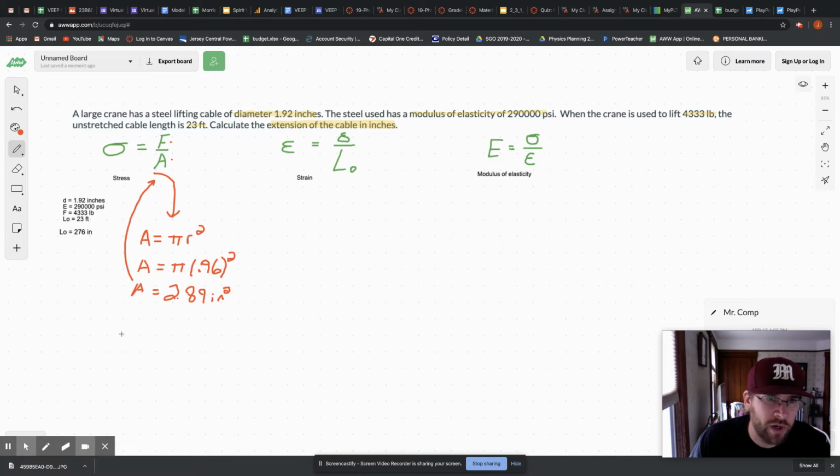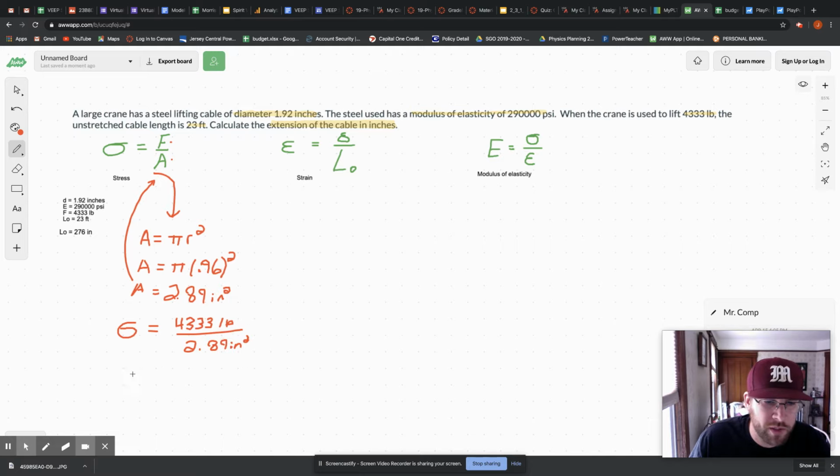Now that I know the area, I can plug that into the equation for the stress of the object. Stress is equal to force. The force that I have is 4,333 pounds per the cross-sectional area, which we calculated as 2.89 inches squared.